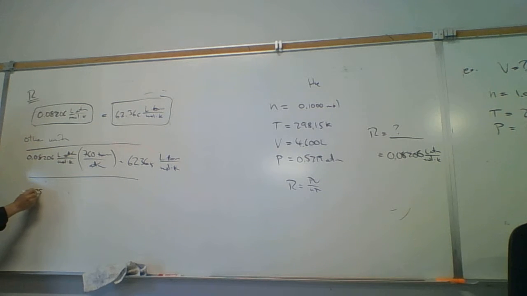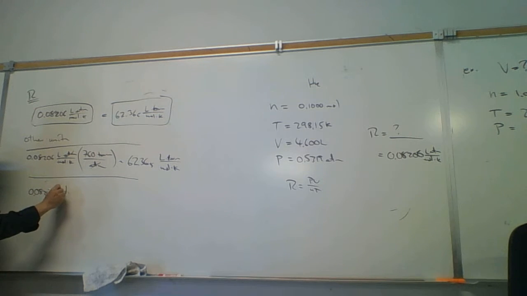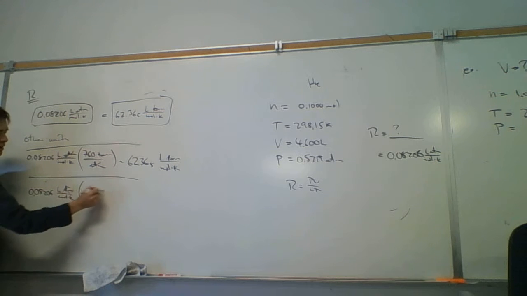So this is 0.08206 liters times atmospheres per mole Kelvin. Do you know the conversion for atmospheres to bars? You don't have to have it memorized, but it's 1.01325 bar per atmosphere.